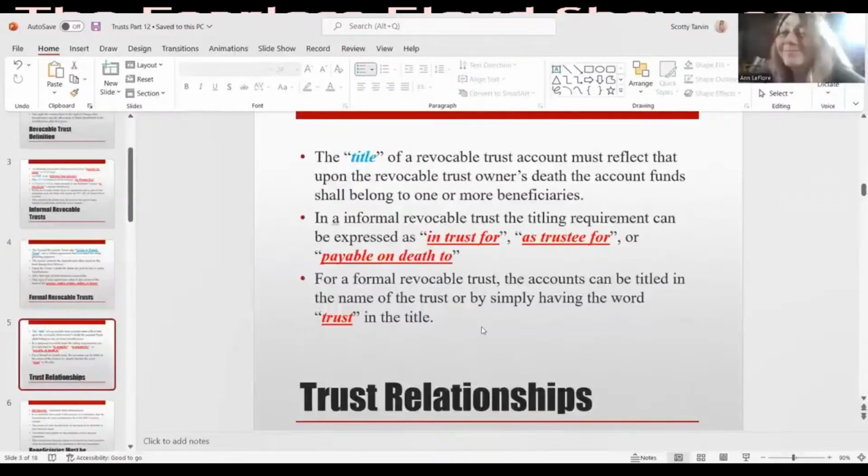Moving on, panel 5, trust relationships. The title of a revocable trust account must reflect that upon the revocable trust owner's death, the account's funds shall belong to one or more beneficiaries.